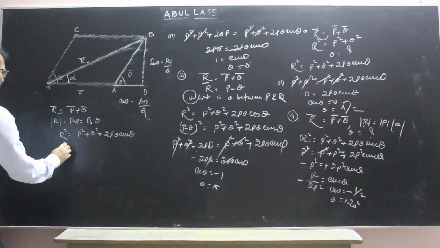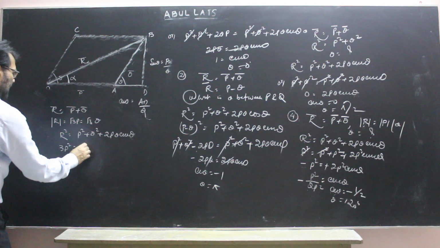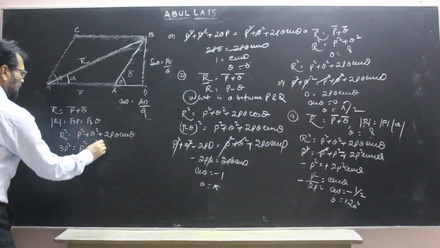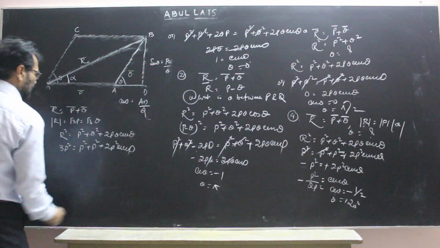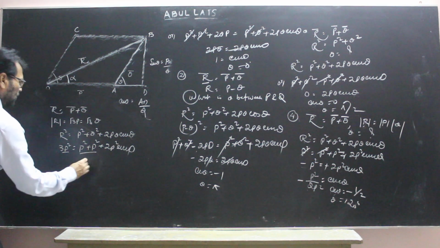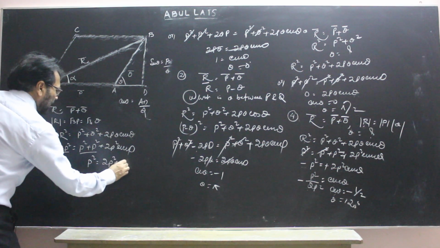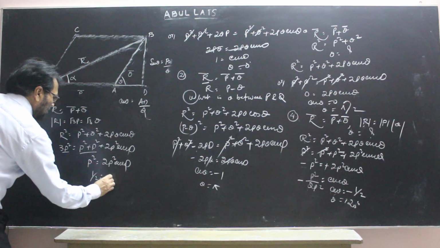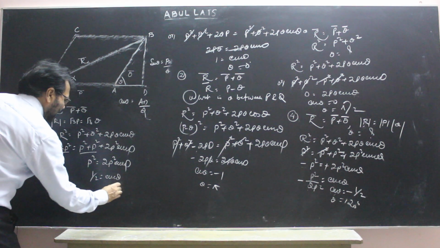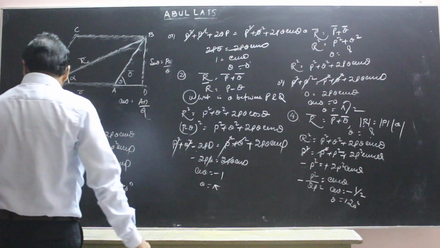Now R square is 3P square, and P square plus P square plus 2P square cos theta. 3P square minus 2P square is P square, which is 2P square cos theta. So half is cos theta and theta is 60 degrees. So again it can be solved.